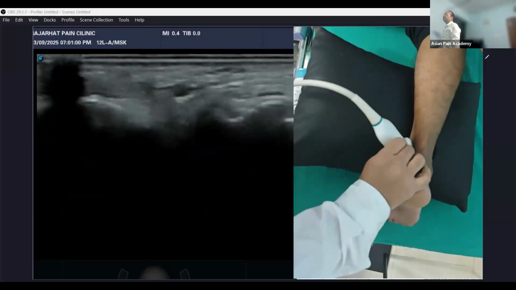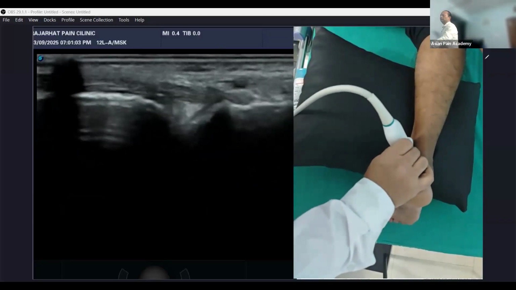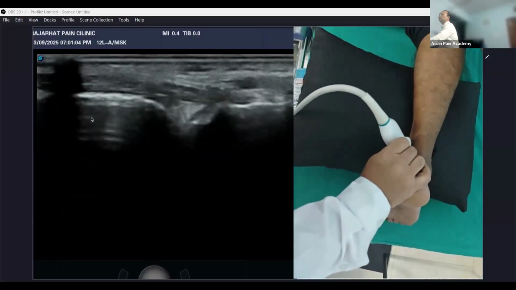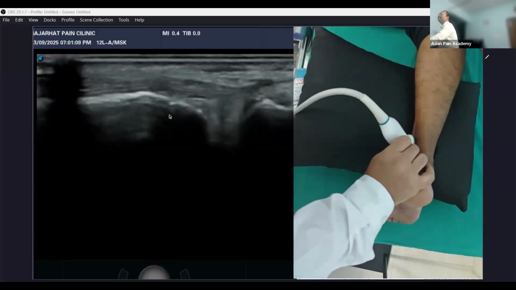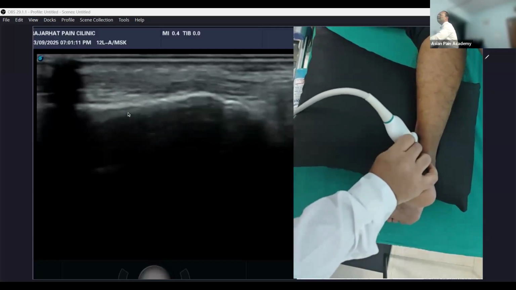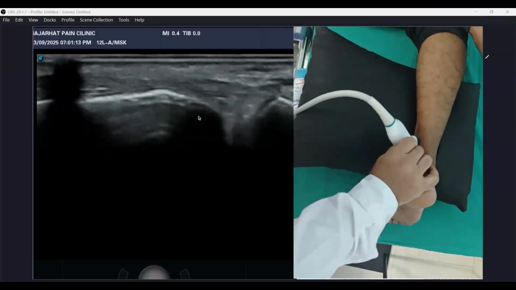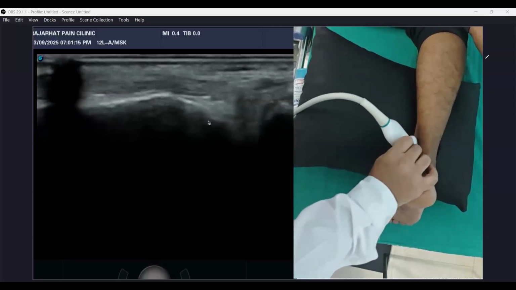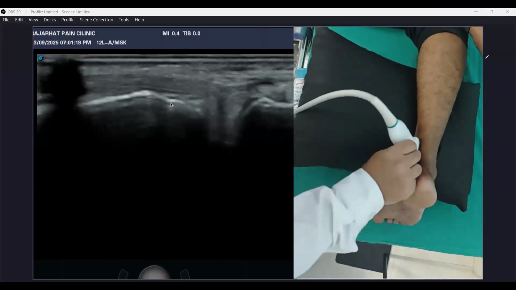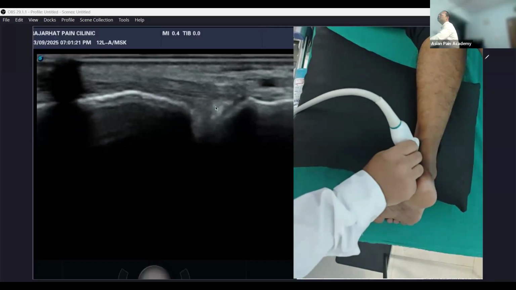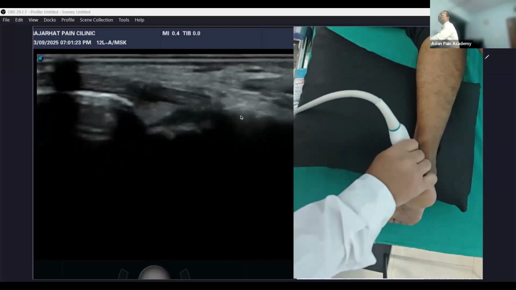So see, which bone is this? Tibia. So this is the tibia, and this is the posterior joint recess, tibio-talar joint.